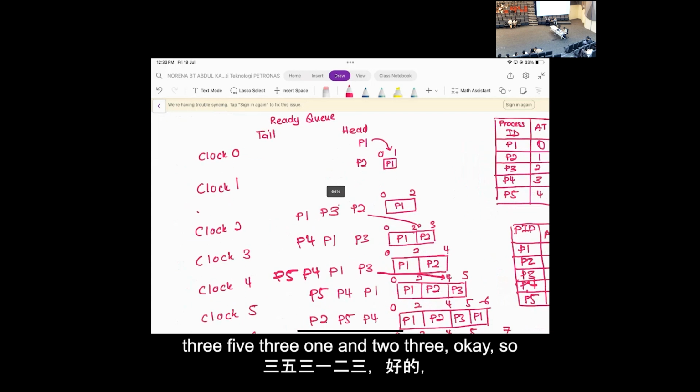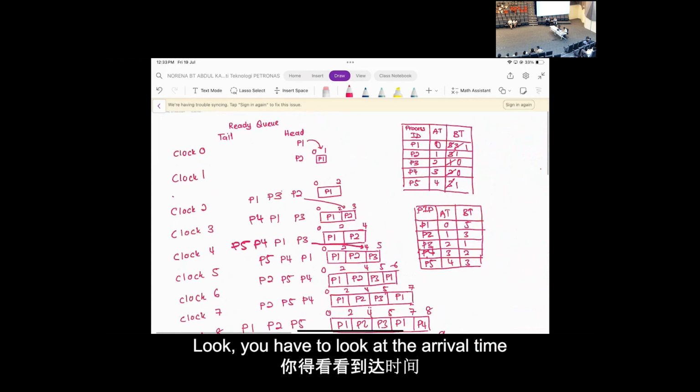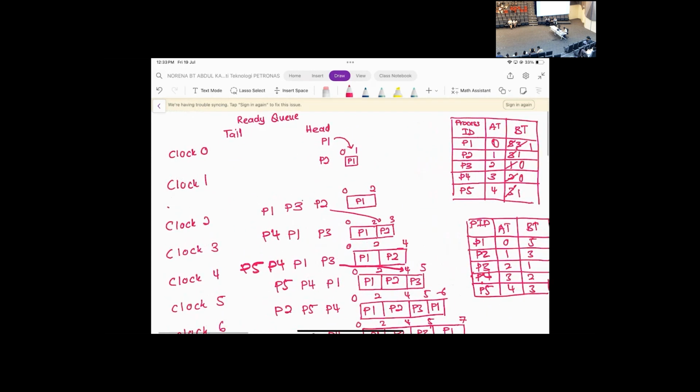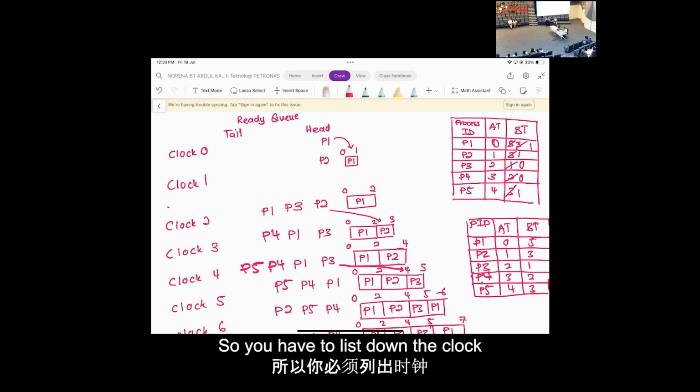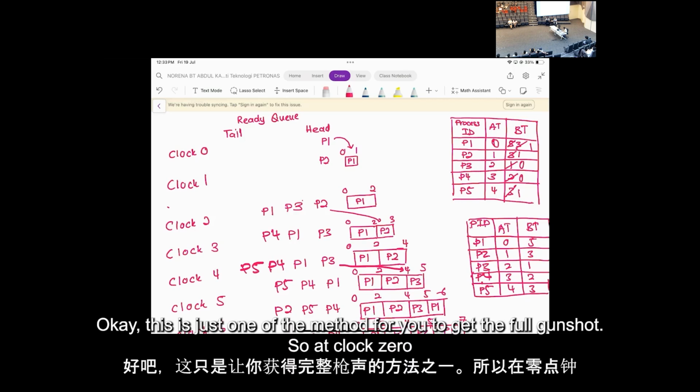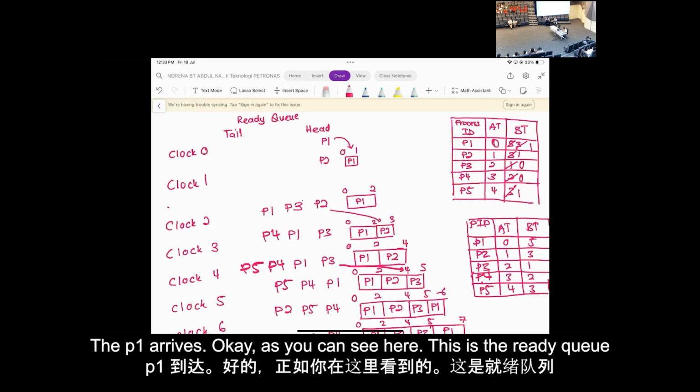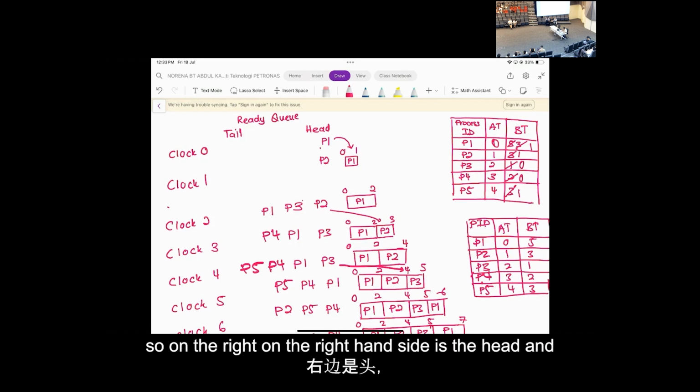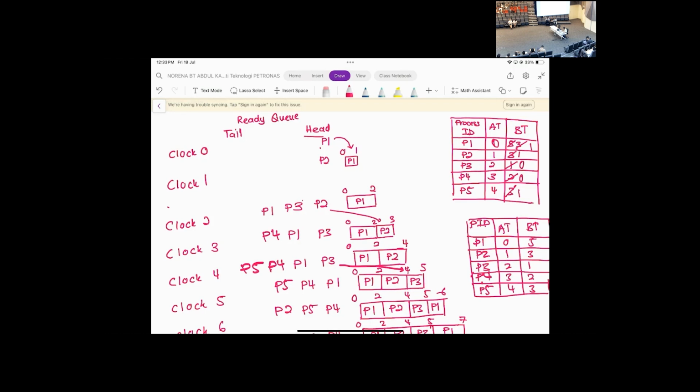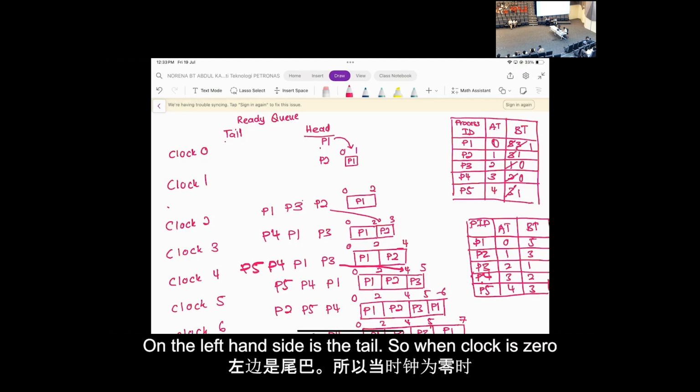Okay, so you have to look at the arrival time for each process. So you have to list down the clock. This is just one of the methods for you to get the full Gantt chart. So at clock 0, P1 arrives. As you can see here, this is the ready queue. On the right-hand side is the head, and on the left-hand side is the tail.